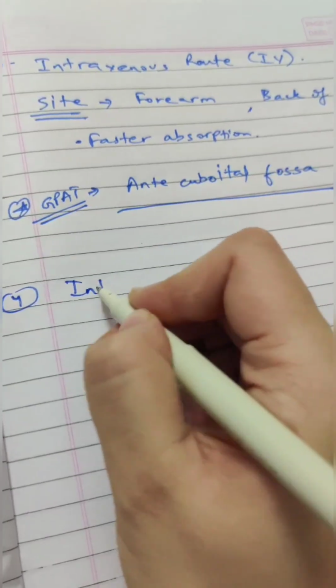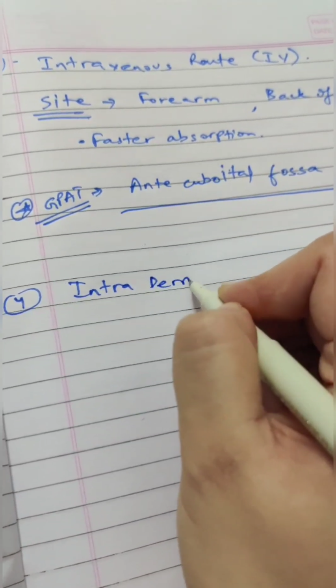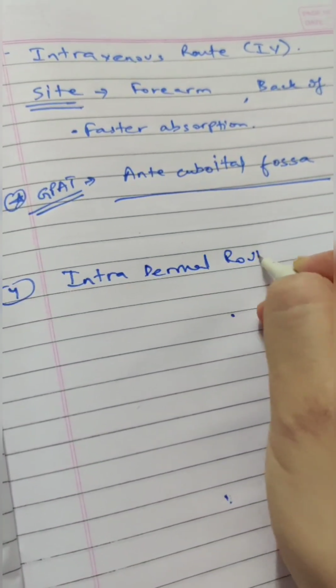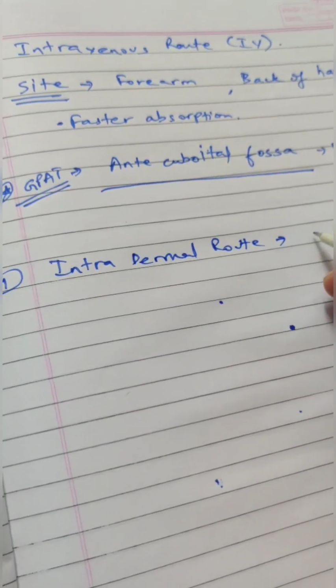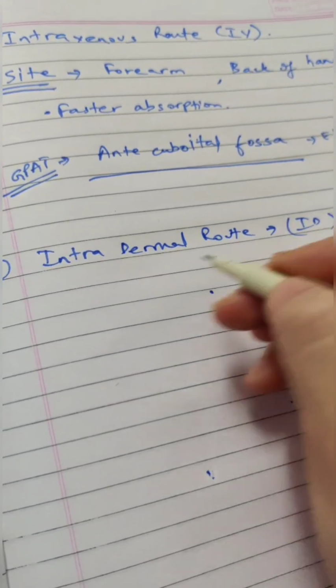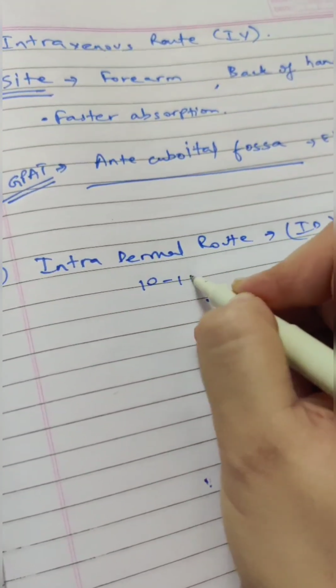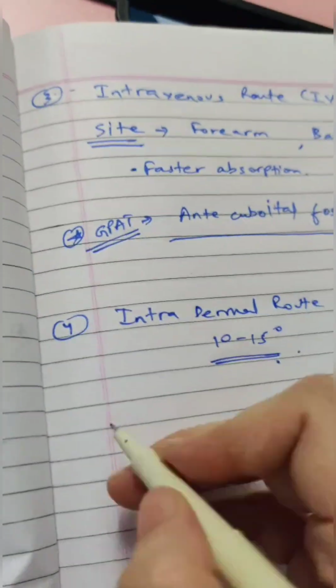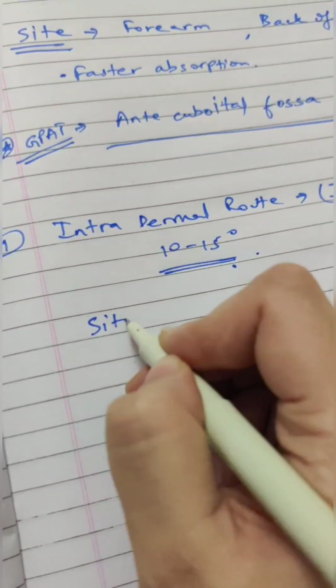Fourth comes the intradermal route. Intradermal route, as we have studied now, that it is given, ID route, at a degree of 10 to 15 degree. What are the sites of ID?